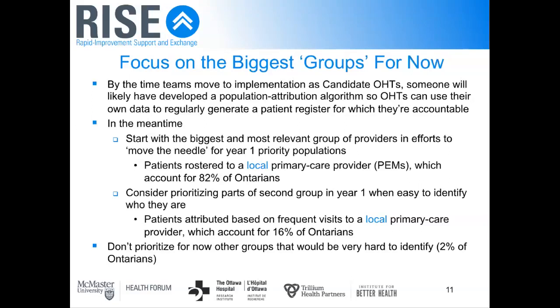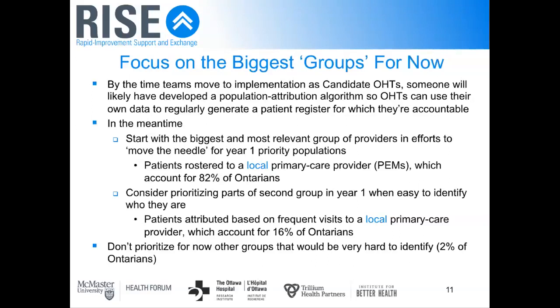As Rob was talking about with the fuzzy boundaries and the complexity, you can quickly get bogged down in the detail. But if you stay focused on the big picture, that this is largely primary care driven. Primary care docs know who their patients are, and those are the ones that really need to be the focus in year one.